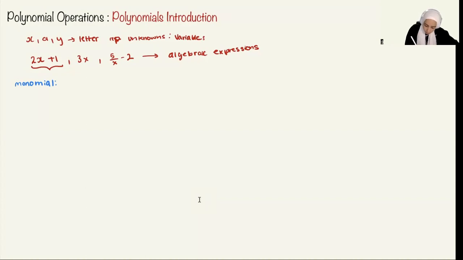So this over here is one term, and this refers to a number or variable or the product of both.